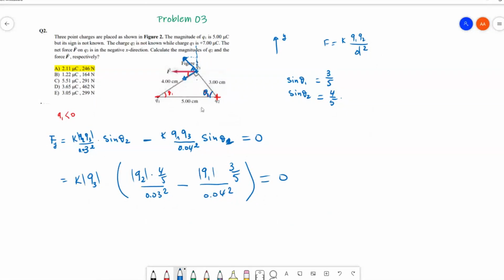And from here, I can deduce the value of Q. We can find the value of Q2. Yes, Q2 is unknown. So I will have Q2 is equal to Q1 multiplied by, so I put this one 3 over 5, 3 I put over 4, 0, 0, 3, 0, 0, 5 square.